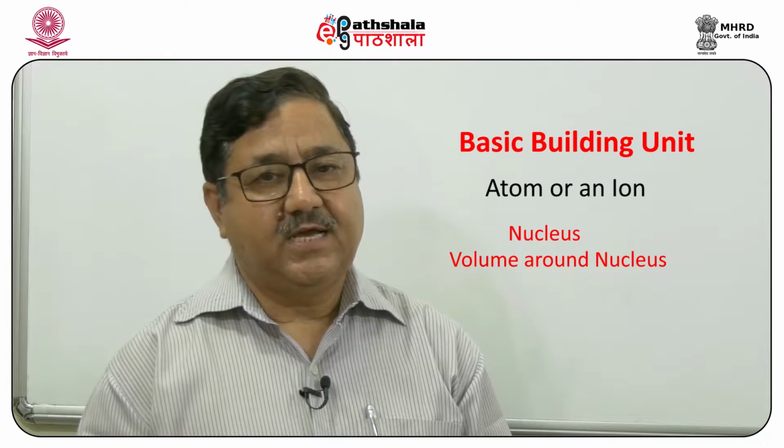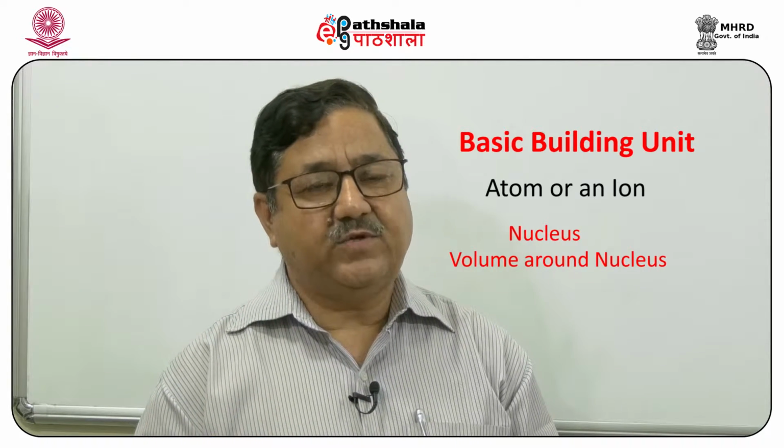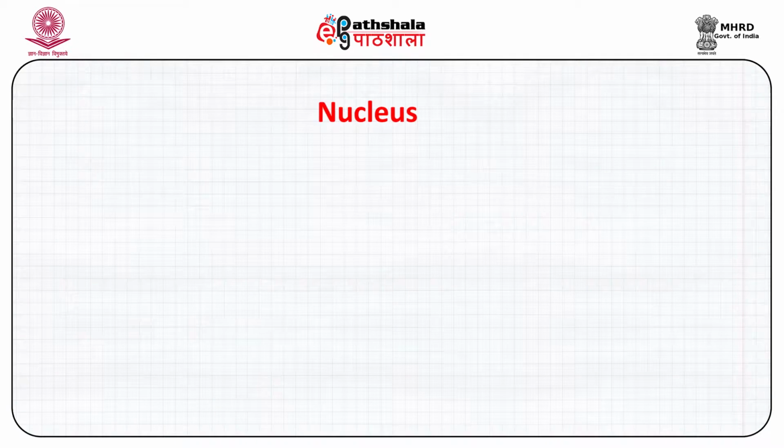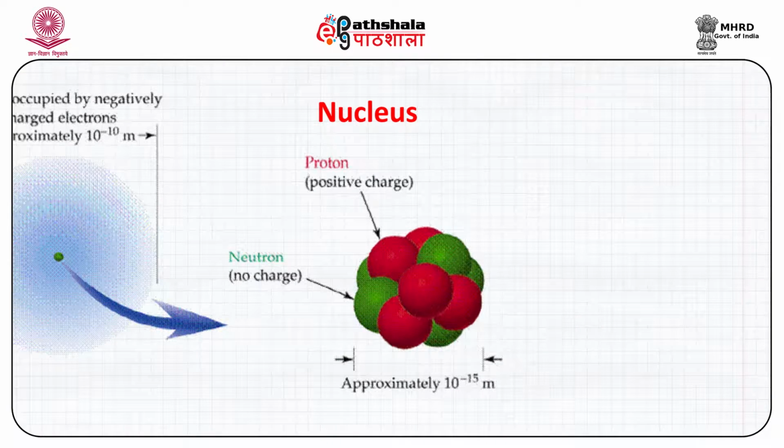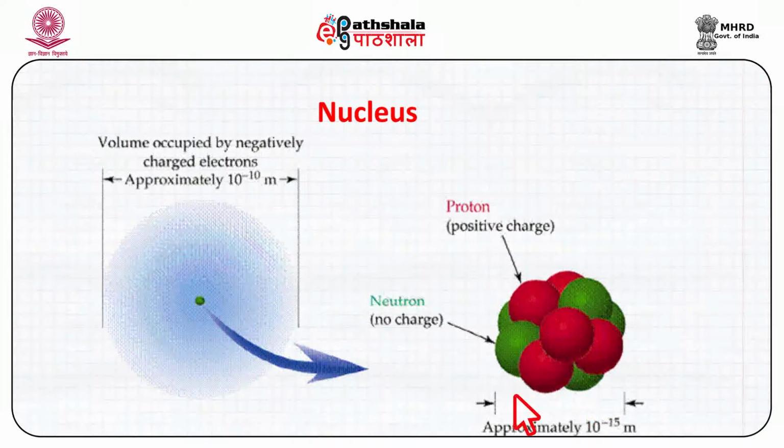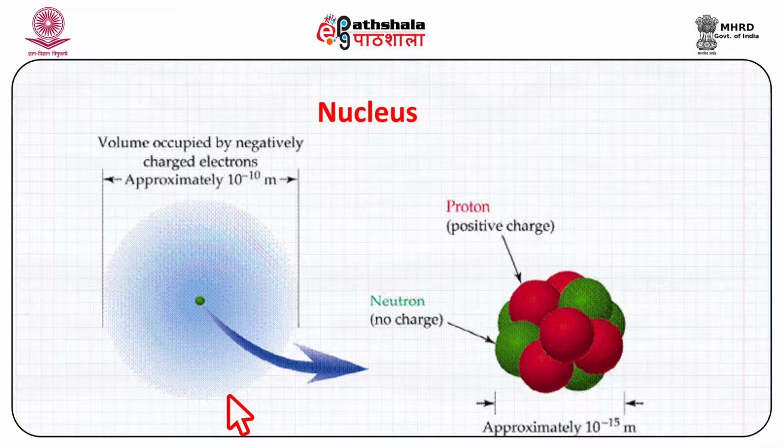For example, the particles which dominantly make up the nucleus are protons and neutrons, and the particles which make up the outside volume are known as electrons. The difference in mass is such that an electron is around 1 by 1837 times that of the proton.